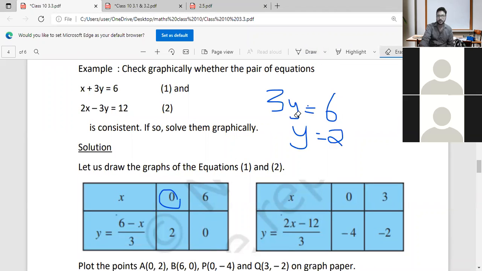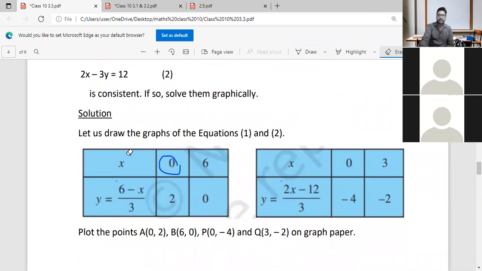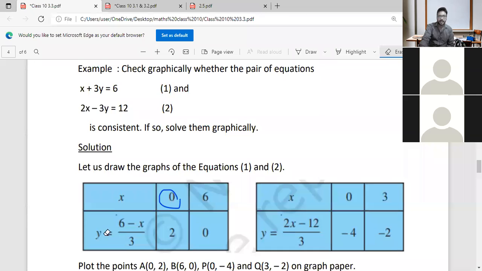Clear? That's how we got it. In our next case, when y is equal to 0, then obviously x is equal to 6. That's how we have found the table of the first equation.